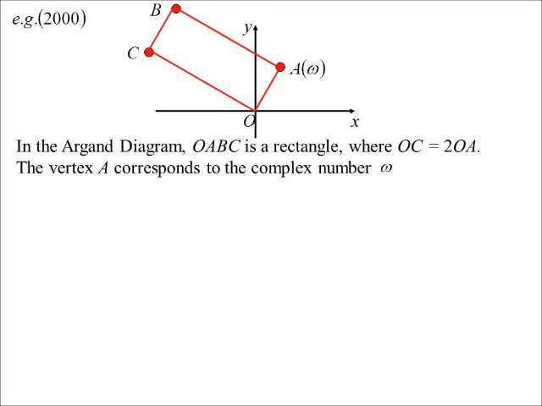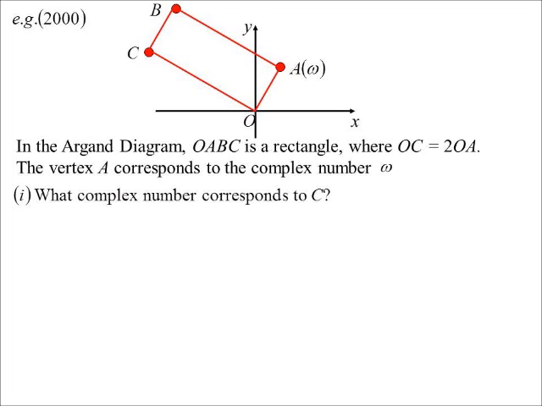2001, this time they gave a rectangle, and we're told OC is twice the length of OA, and A is omega. First question, well, what's C? So how do I get to C? The only thing I know at the moment is A. They're both joined to O, those two vectors, so I think I'll do it via rotation. They told me it's a rectangle, so I know it's a rotation of 90 degrees.